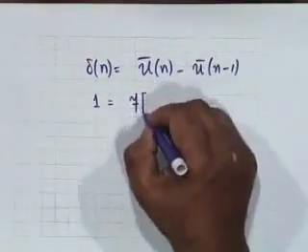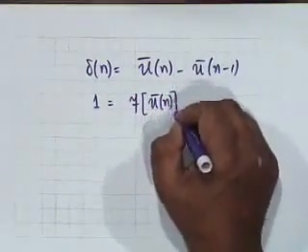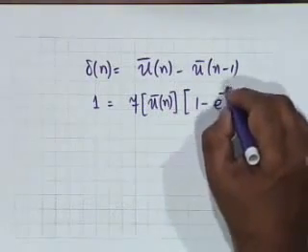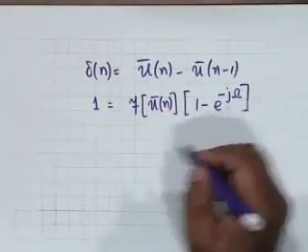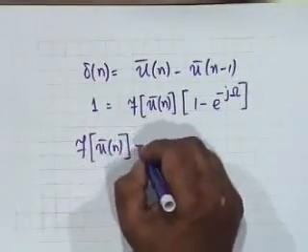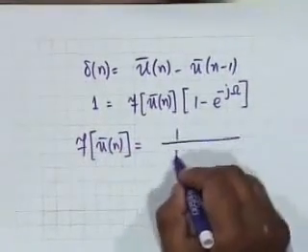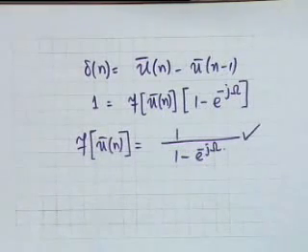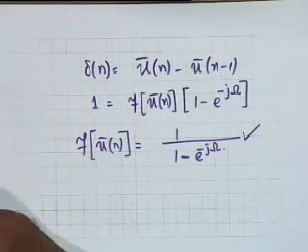So it would be the Fourier transform of u bar of n multiplied by 1 minus e to the minus j omega. And therefore it would be quite correct to say that the Fourier transform of u bar of n is equal to 1 by 1 minus e to the minus j omega. This is quite correct because no average value has been cancelled out.